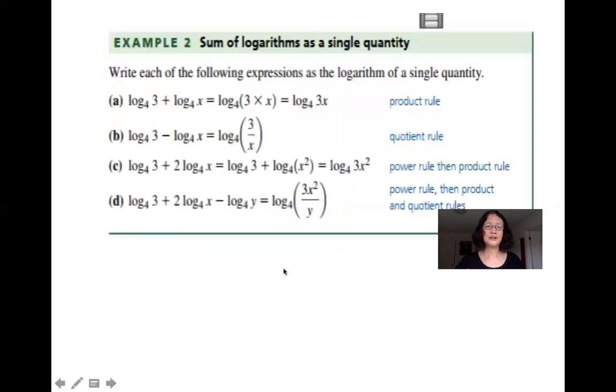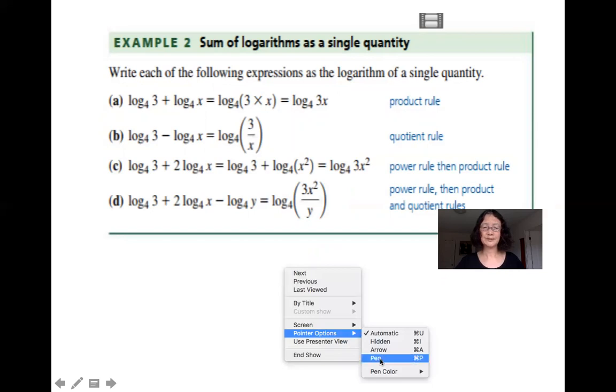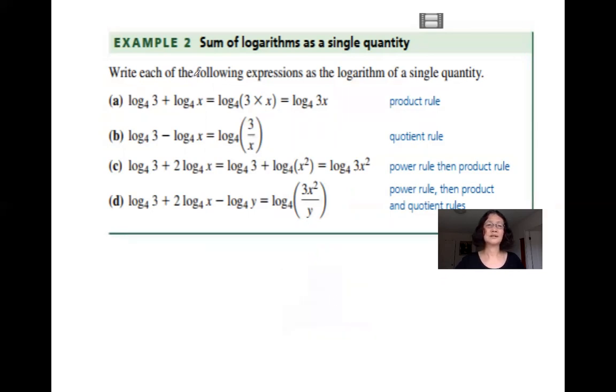So let's do some examples. Write each of the following expressions as the logarithm of a single quantity. Okay. So log plus log, they have the same base, keep the base, multiply the numbers here. Okay.